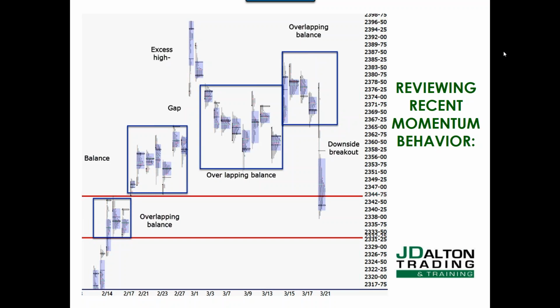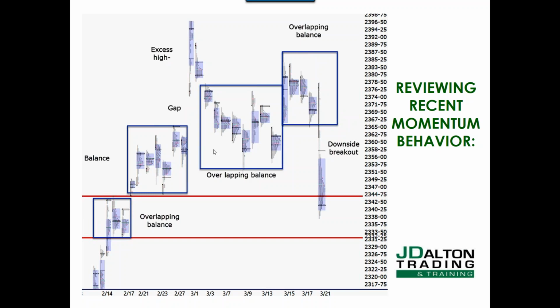And then the market from there, one time frame lower, for 1, 2, 3, 4, 5 days. But in that process, notice that the market moved sideways, but it's now overlapping this previous trading range.